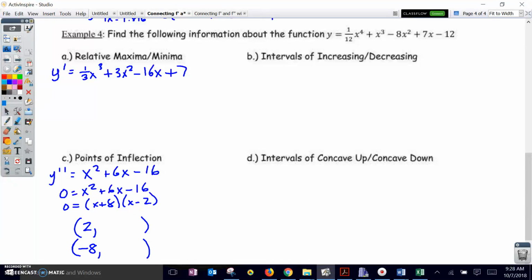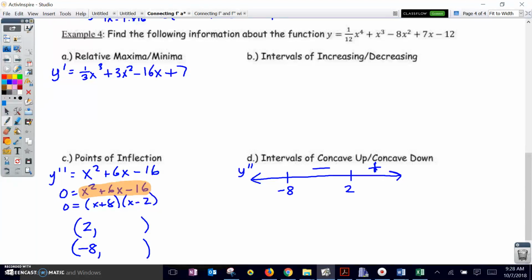And for the intervals of concave up, concave down, I'm going to make a sign chart of y double prime. It's easy enough for me to substitute 0 back into this expression and figure out that it is negative there. If I substitute 3 in, it's positive there.